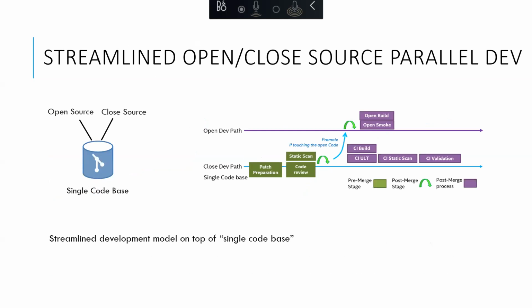Then the second challenge is from the streamlined parallel development. What is parallel development? I think in our modern software development, usually engineering teams need to face the challenge of parallel development on different code paths.